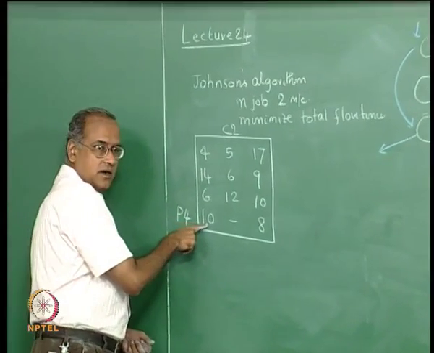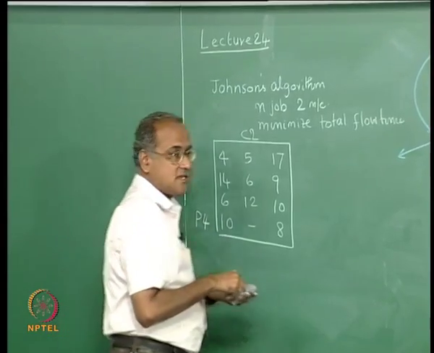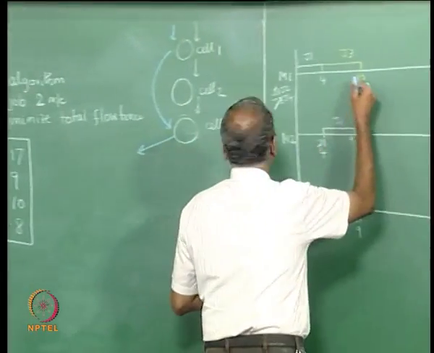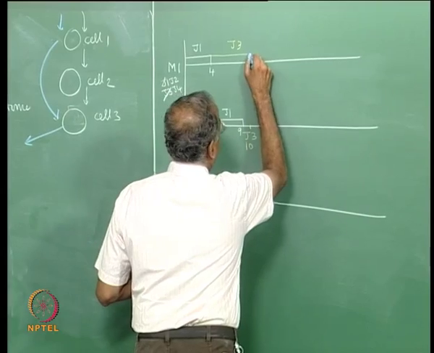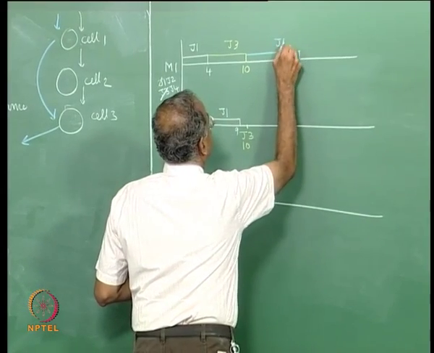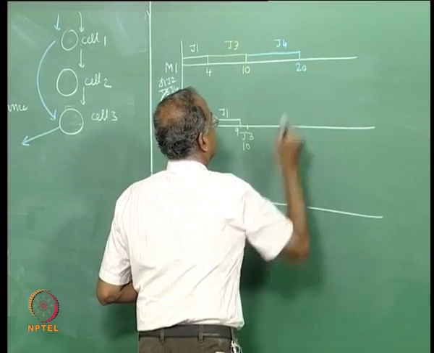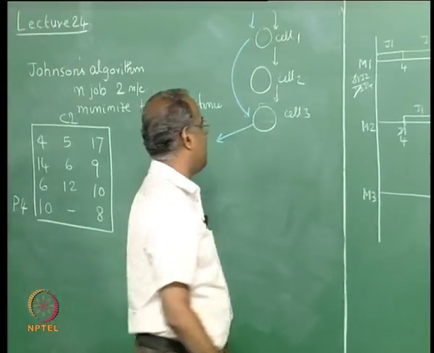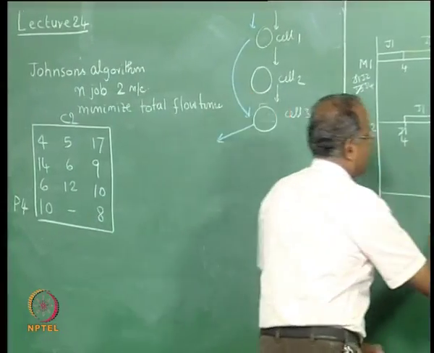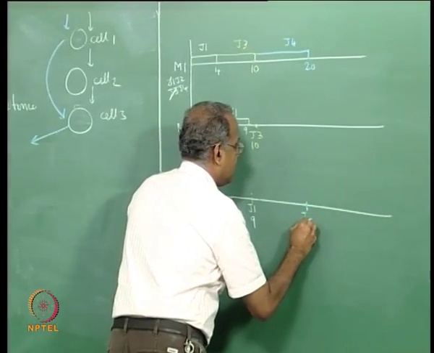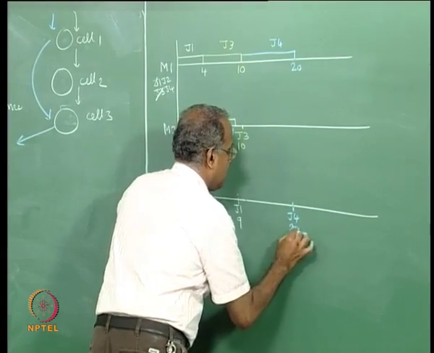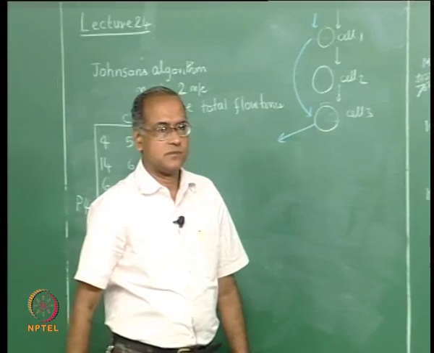So, J4 comes based on shortest processing time. So, from 10 to 20 J4 finishes at time equal to 20 and J4 will now come directly to M3 at time equal to 20.